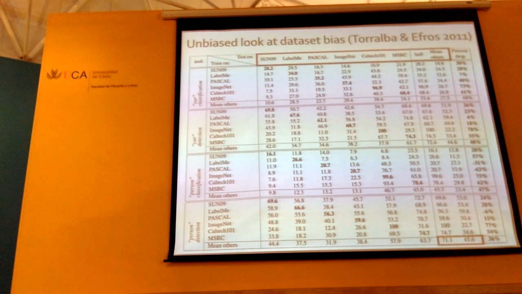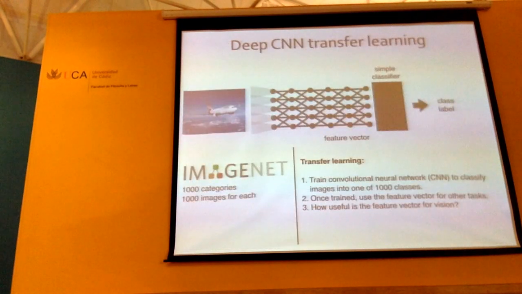You don't have to go through this entire table. Basically, the average drop is 30%. So it is quite a substantial drop when you try to generalize from one data set to the other.